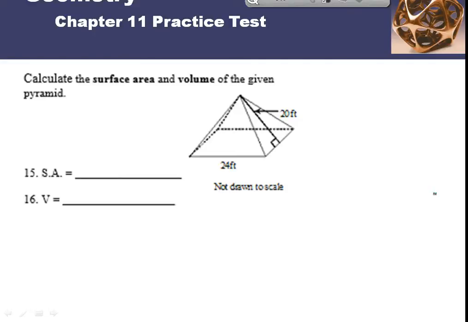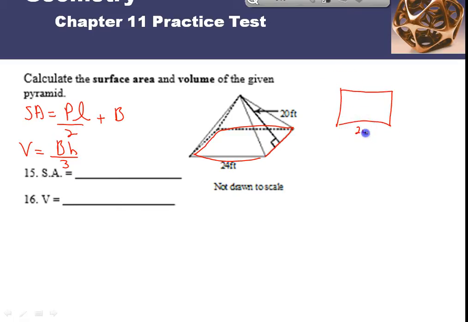And again, the formulas for a pyramid are: the surface area is the perimeter times the slant height divided by 2 plus 1 big B. And the volume is big B times the regular height divided by 3. So let's see what we need here. I'm going to look at the base, and again, it's sitting on its base. And the base is this square. So I'm going to draw the square.